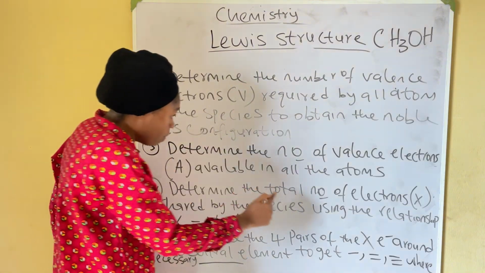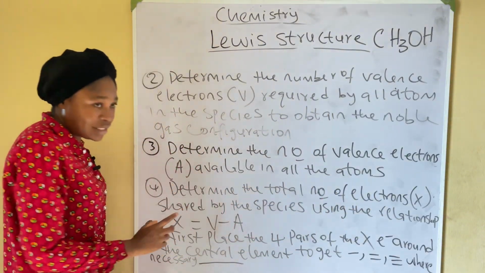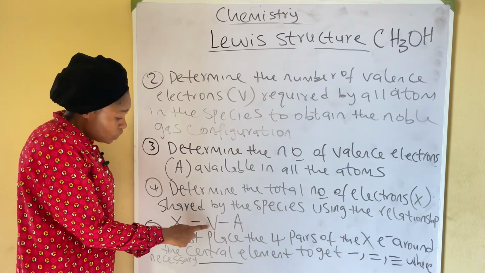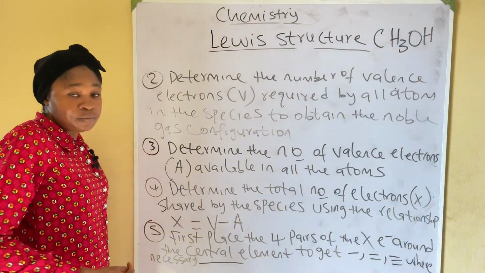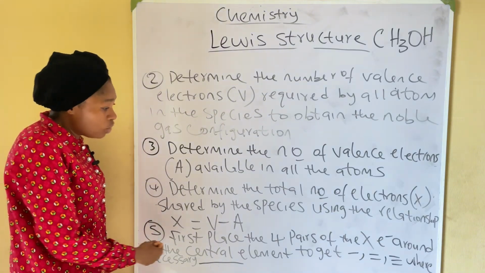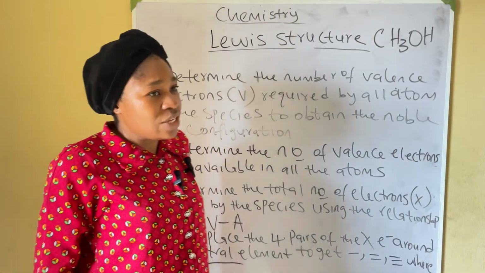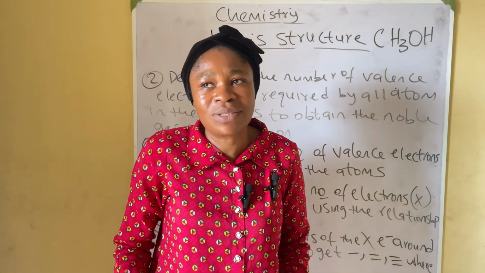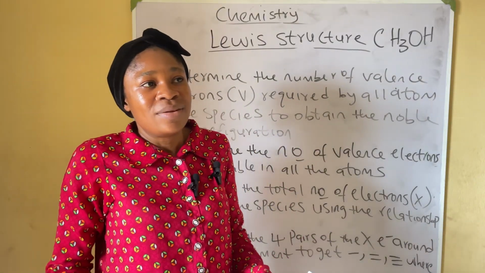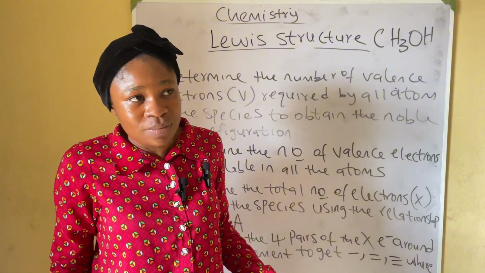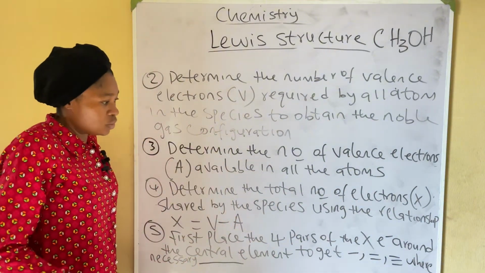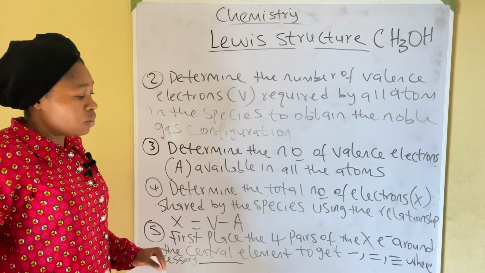Guideline number 4: determine the total number of electrons shared by the species using the relationship V minus A, which gives you the electrons shared. Next, we're going to place pairs of electrons, because in a Lewis structure each atom attains a duplet or octet configuration.